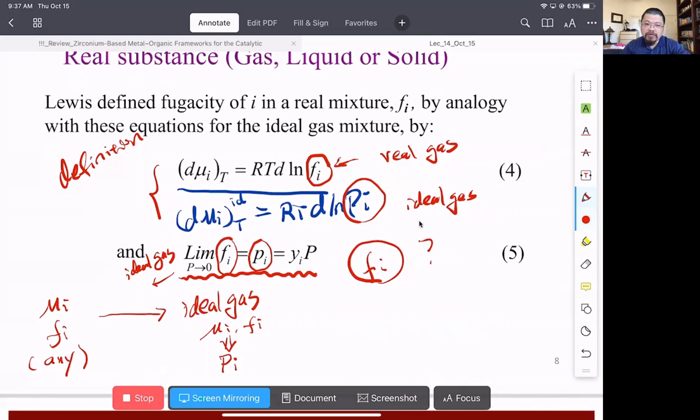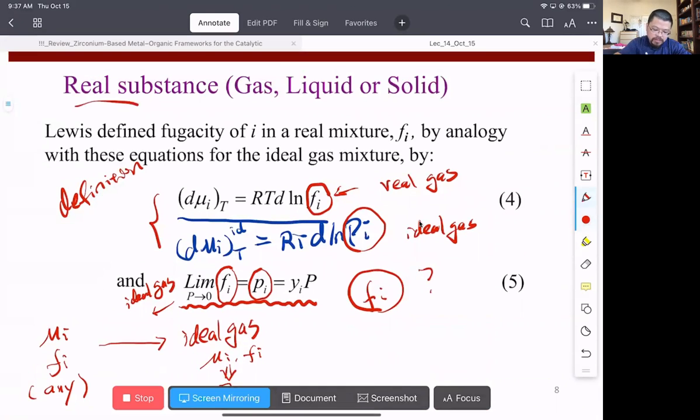To summarize, fugacity comes from nowhere. It's just out of the comparison between a real system, whether it's gas, liquid, or solid, and the ideal gas equation. And there we define, for now let's call this fugacity, and we try to figure out how to calculate it.